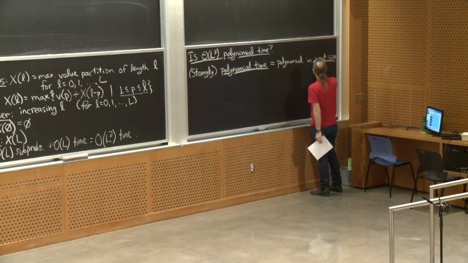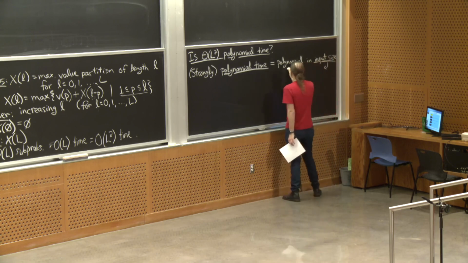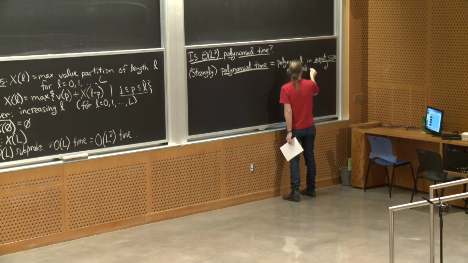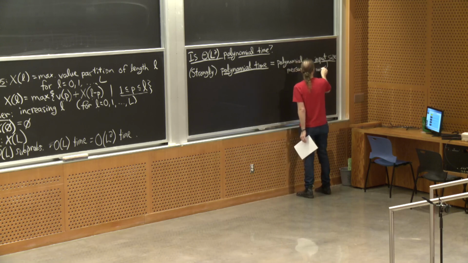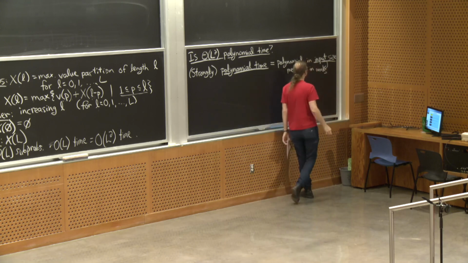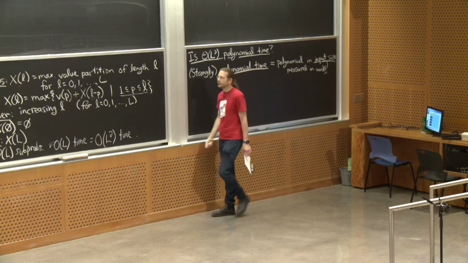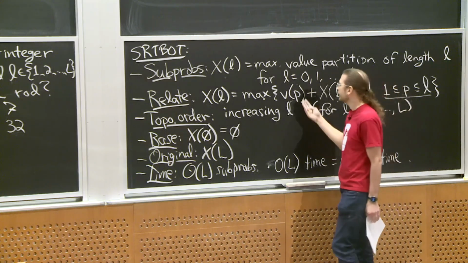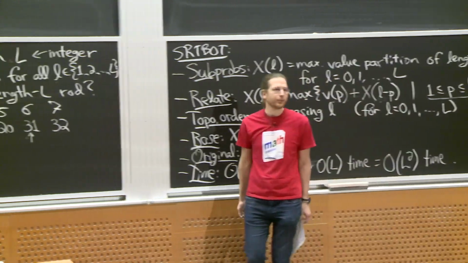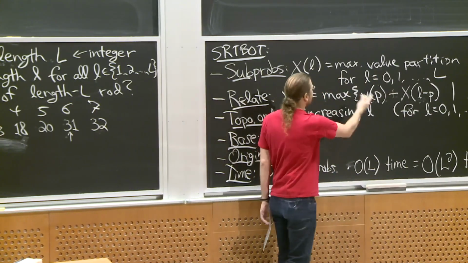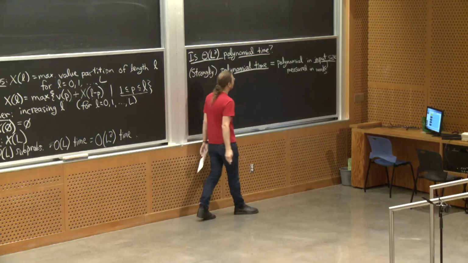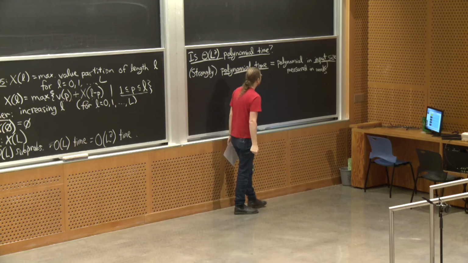And the size of the input is, for our model, measured in words. Machine words. Remember our good old word RAM, W-bit words? It's been very useful because it lets us assume things like adding two numbers is constant time, as long as these numbers fit in a word, as long as they're at most W bits. And generally, we assume all the things we're manipulating fit in a machine word.